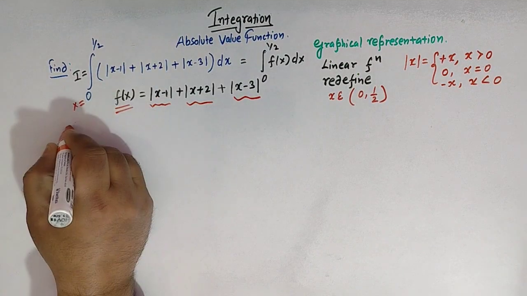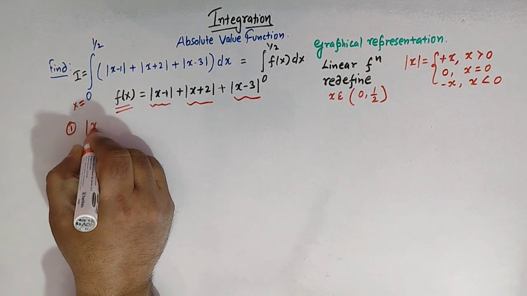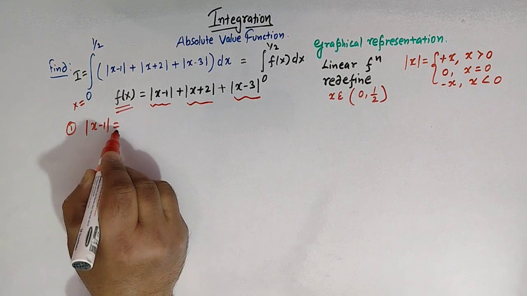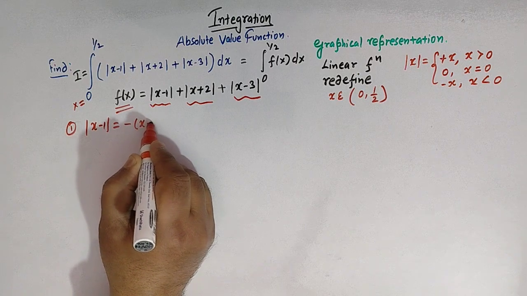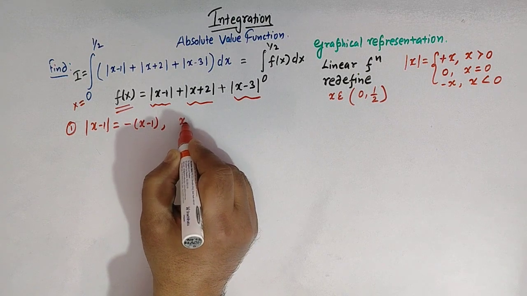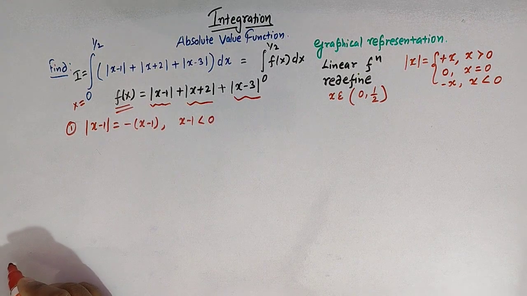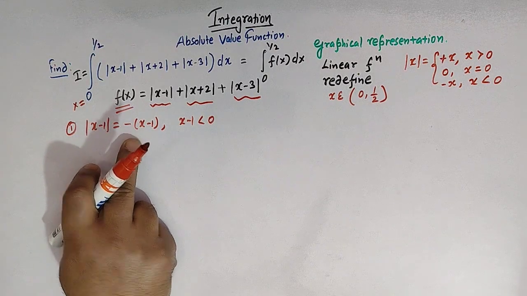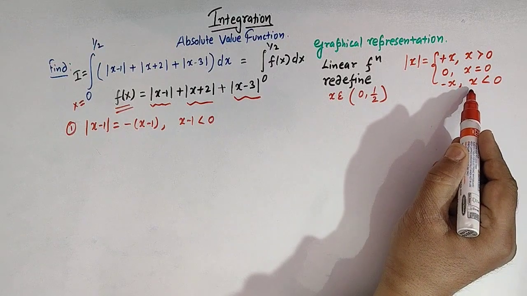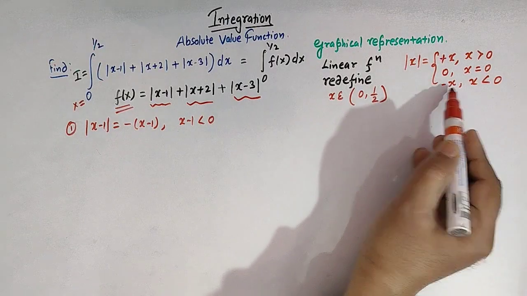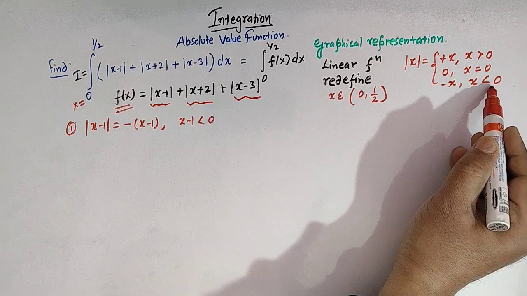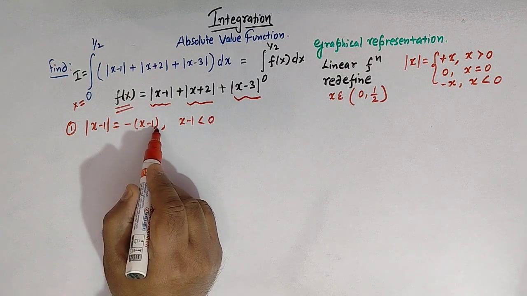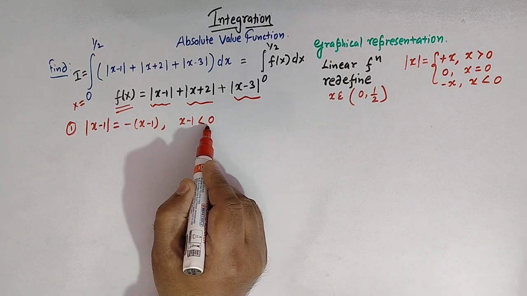So now let us first take mod of x minus 1, right? So mod of x minus 1 is equal to negative of x minus 1 whenever x minus 1 is less than 0, right? So now we have written this statement due to this definition. Mod of x is equal to negative of x when x is less than 0. So here mod of x minus 1 is equal to negative of x minus 1 when x minus 1 is less than 0.